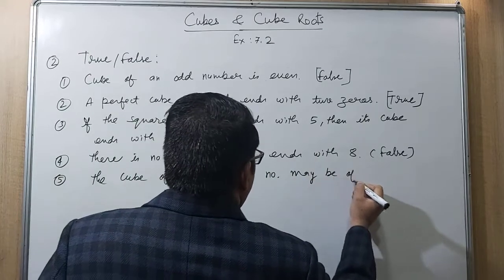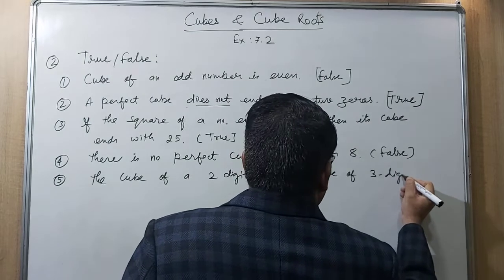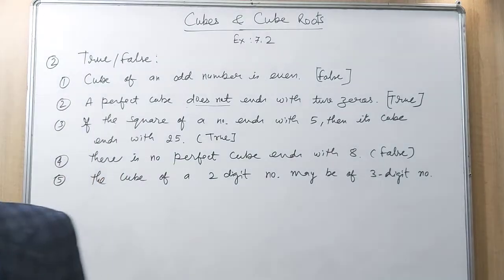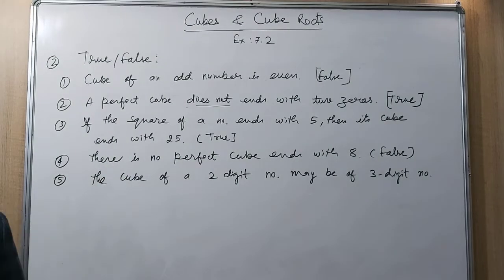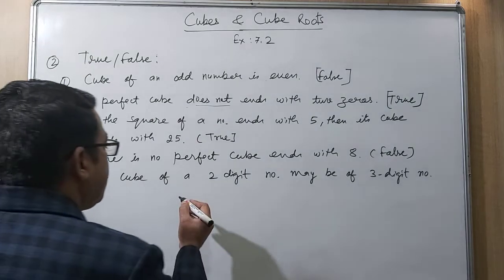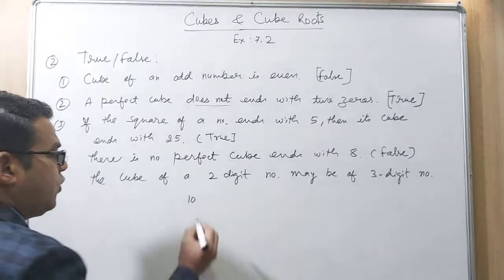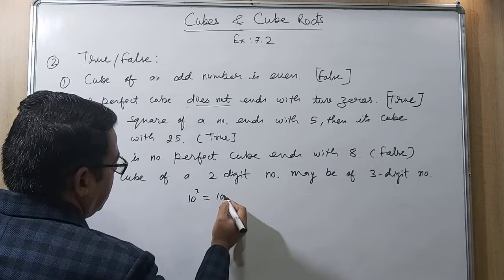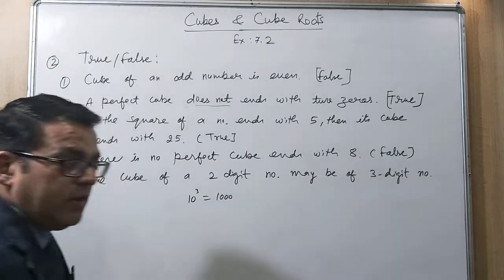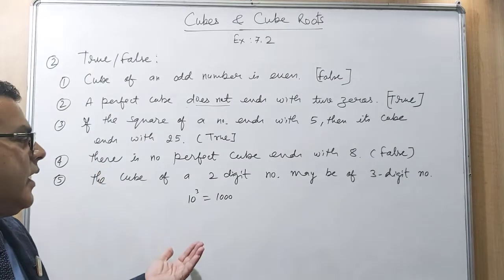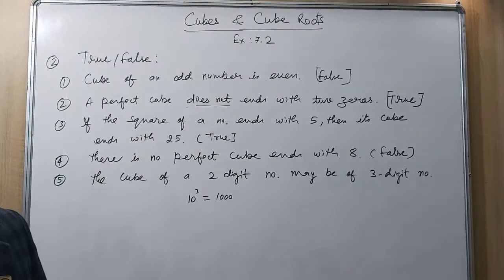As we know, a 2-digit number starts from 10. So the cube of 10 is 1000, right? And so we can say that it is true. It is possible.